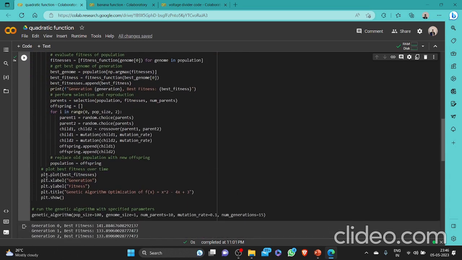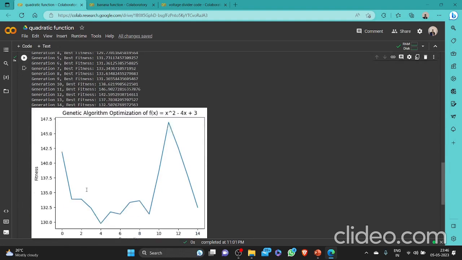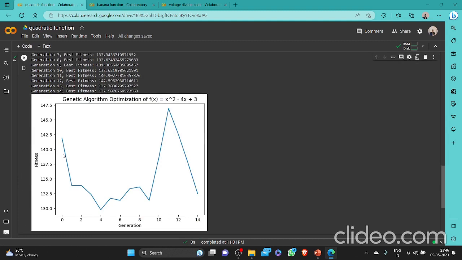Finally, we will get a plot with best fitness, that is generation versus fitness. We will get an output like this. Let us see the next example.